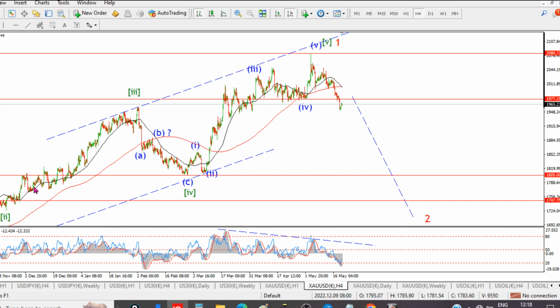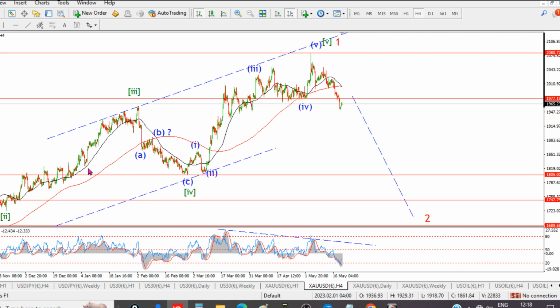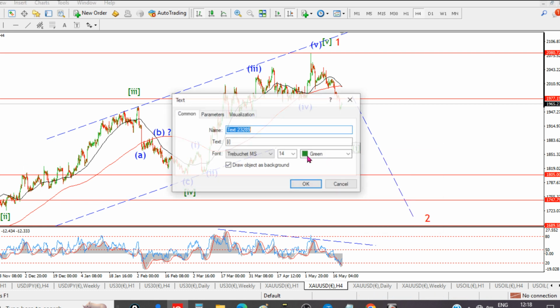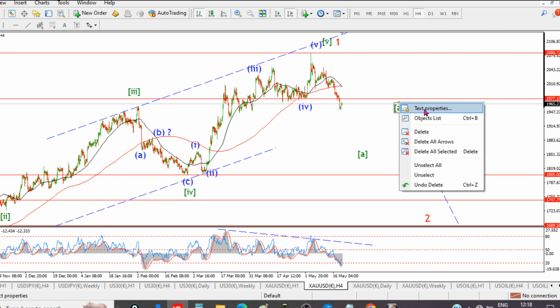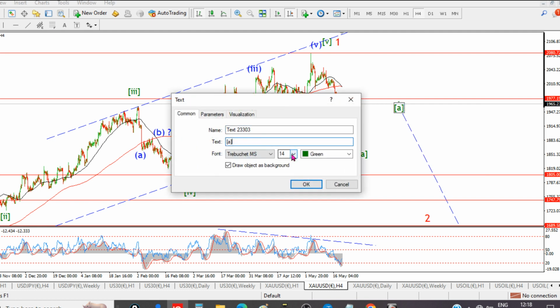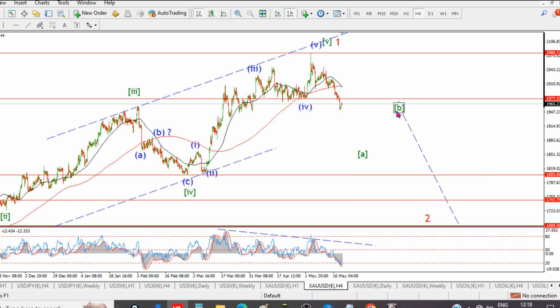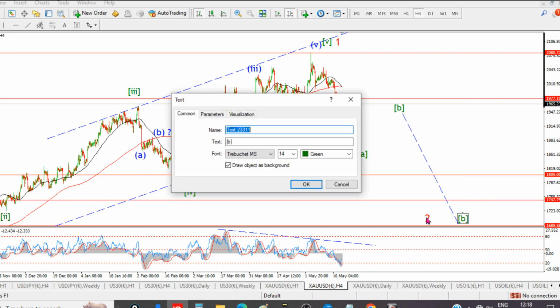It all depends on how this A wave down actually forms. Like any A wave, it can be a 3-wave pattern or a 5-wave pattern. So initially, it's always going to be walking a tightrope to see how the pattern actually develops. But we know from the action this week that at least the bias has turned lower.